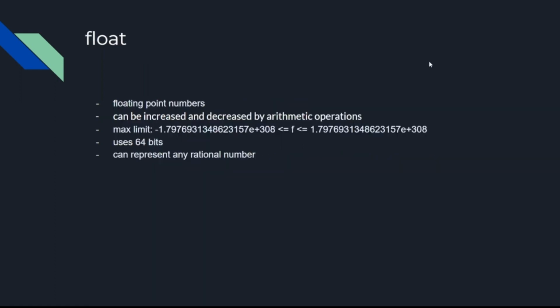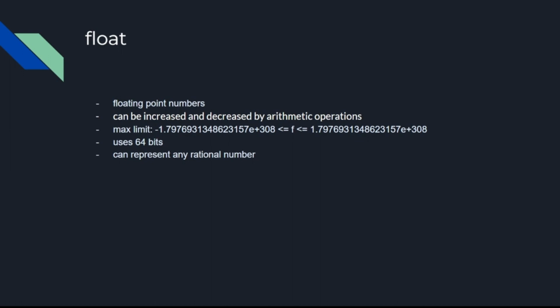The floats are kind of comparable because they are just floating point numbers like 2.3, which in this case have a max limit, which is really high because a floating number uses 64 bits. For example, most integers, I guess, I'm not really sure, but I mean, to remember, integers use 32 bits.